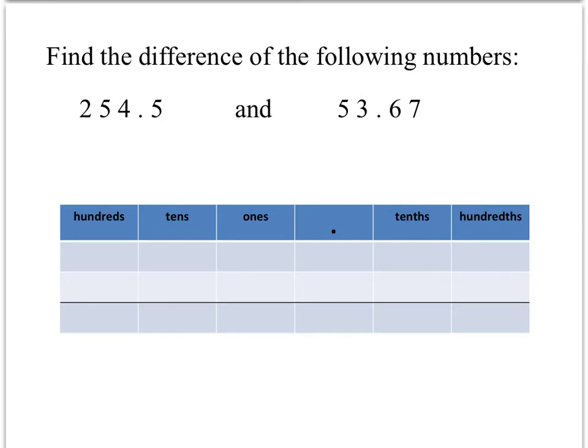In this example, we're asked again to find the difference, which simply means we're going to subtract 254.5 minus 53.67. Again, just like in addition, I have to line up my decimals.